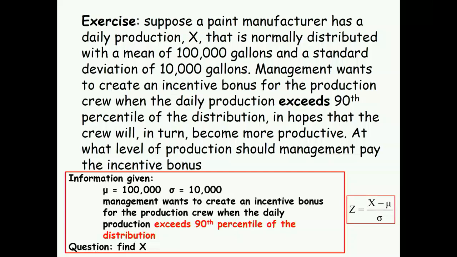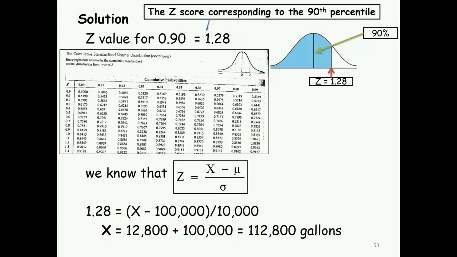So I need to find this one first. 90% in the table, it would be somewhere here, 90%, and it is 1.28. So this information, 90%, helped me find that it is 1.28. Now I have the z value. If you have the z value, then it is easy to find x.